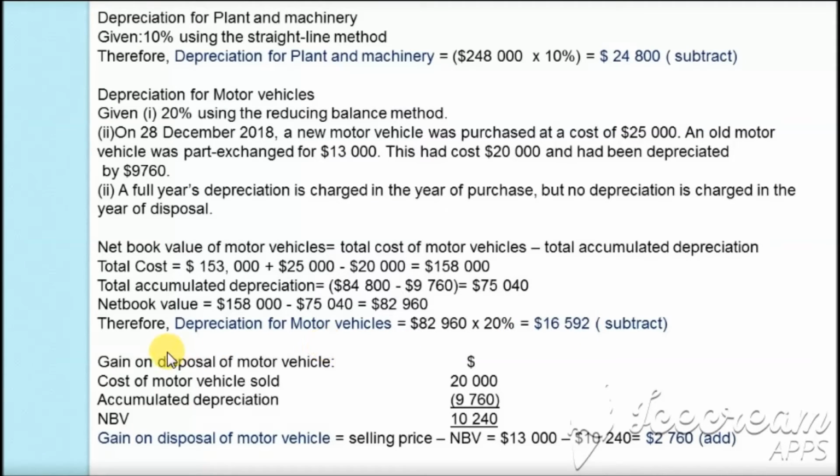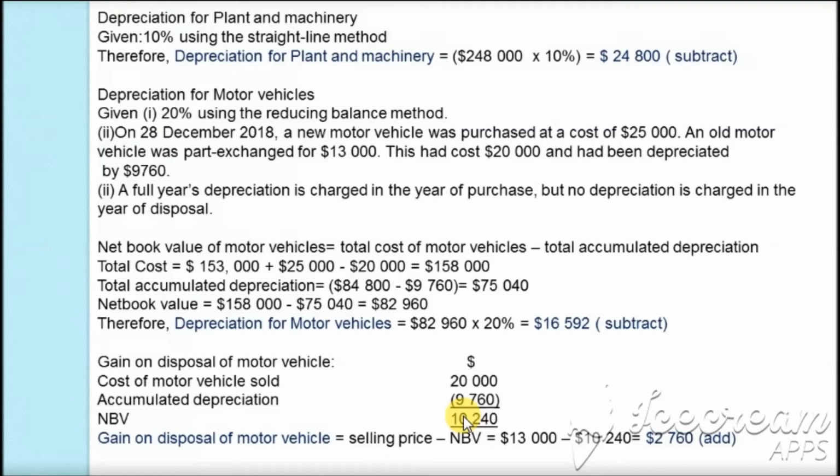Then there was a gain on the disposal of motor vehicle when a motor vehicle was given up as a part exchange. Hence we are going to calculate that as well. So here the cost of motor vehicle which was given as part exchange was $20,000, and it has accumulated depreciation as $9,760. So the net book value of this motor vehicle was $10,240.